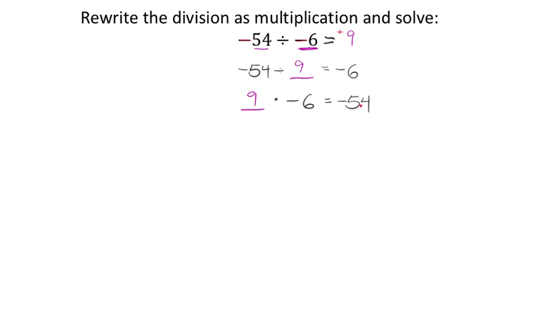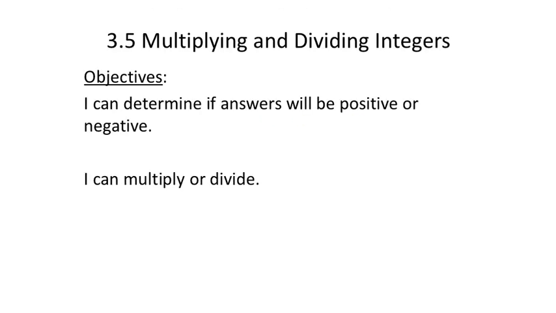So if you switch these up, hopefully it would be obvious by writing the problem out. But again, take your time on those so that you don't make that mistake. So we did solve. We got 9, and we've written the multiplication problem too. There we go. So there's 3.5, multiplying and dividing. But yes, we will always figure out if the answer is positive or negative first with multiplication or division, and then we do the actual operation.